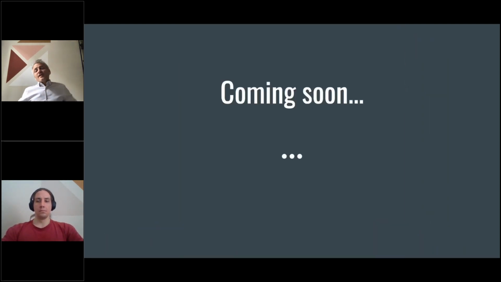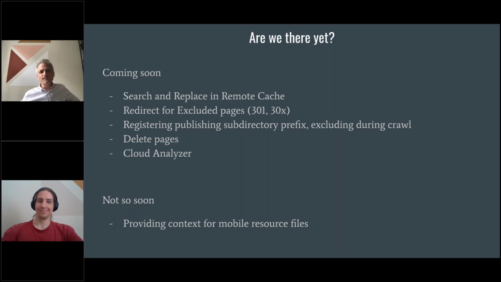Okay, so these are the ones that we made, and we were able to deploy. Not to mention a lot of bug fixes and performance improvements and little improvement requests here and there. But there are a few features that I would like to mention because they almost made it. It was almost possible to introduce them.